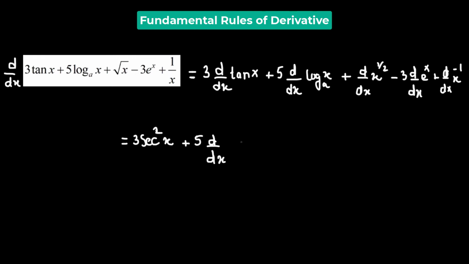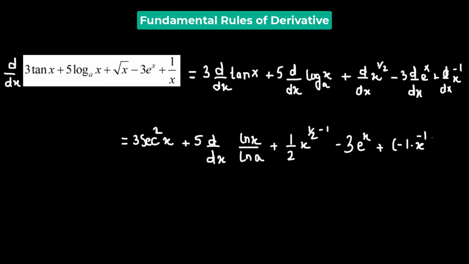So log of x can be written as the natural log of x divided by the natural log of a, plus half times x raised to the power of half minus 1, minus 3 times the derivative of the exponential function, which is the function itself, plus negative 1 times x raised to the power of negative 1 minus 1.